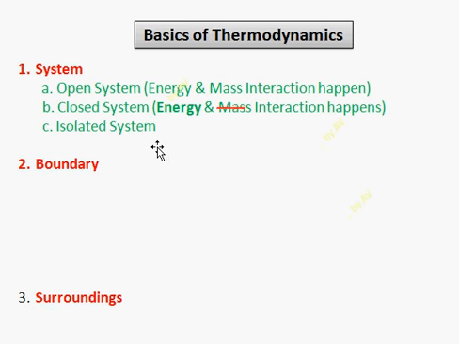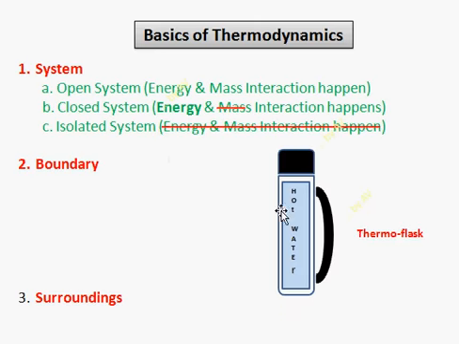The next one is isolated system. In case of isolated system, there is no energy transfer and there is no mass transfer. Just imagine a thermo flask like this. If there is hot coffee or hot water and it is closed, there cannot be any mass transfer since it is closed, and the water or hot coffee will not spill outside since it is closed tightly.